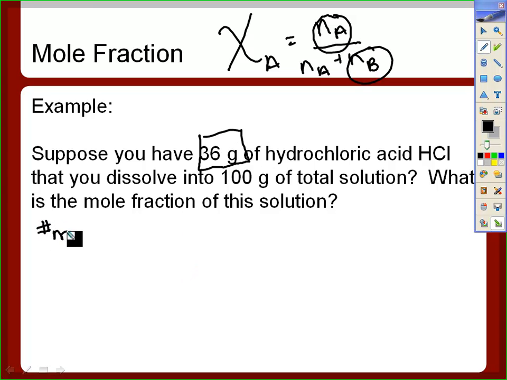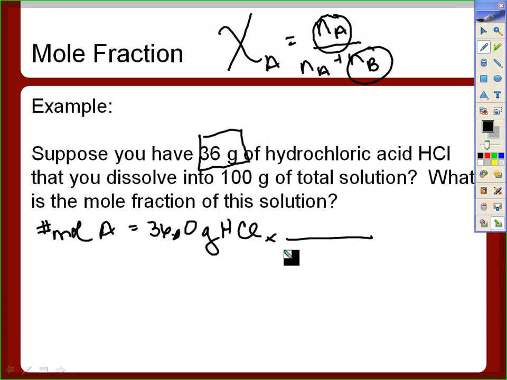So let's go ahead and convert that to moles. Moles of A, my solute, is equal to 36 grams of hydrochloric acid. And in hydrochloric acid, chlorine is 35.45, hydrogen is 1.01, so that should be 36.46 grams per 1 mole.